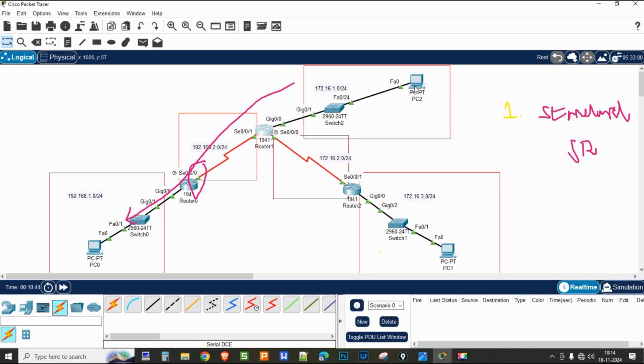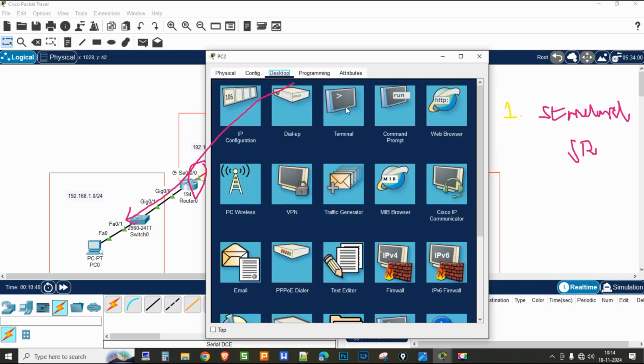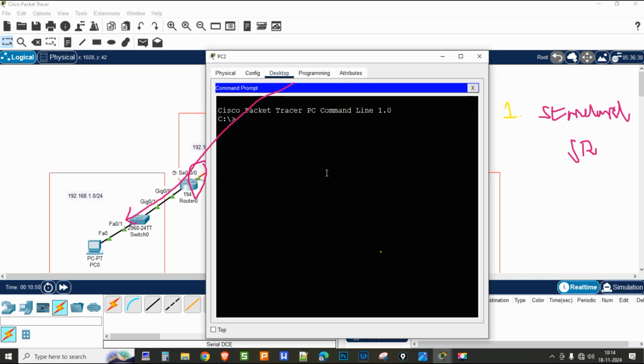You can check the ping from the PC2. Ping 192.160.1.3. The first time it failed. Sorry, it needs to know the opposite side.